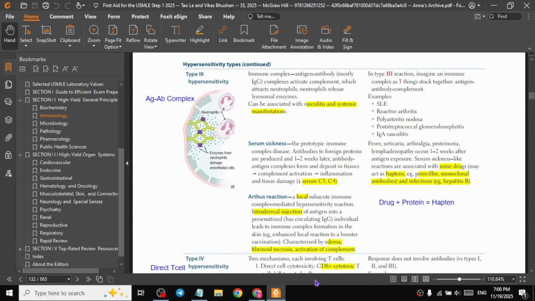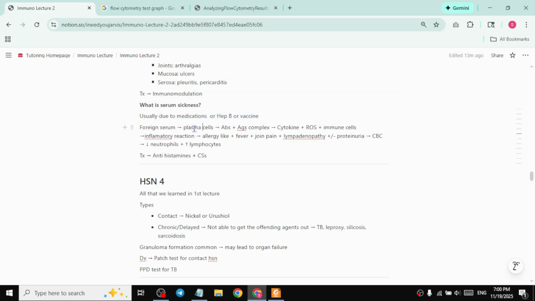What you start to see is that they will induce plasma cells to make IgGs, right? And once you start making IgGs, you start making the complexes. And because of the complexes, you get the inflammatory reaction, right? Now, the inflammatory reaction leads to, first of all, maybe flu-like symptoms or allergy-like symptoms, right?